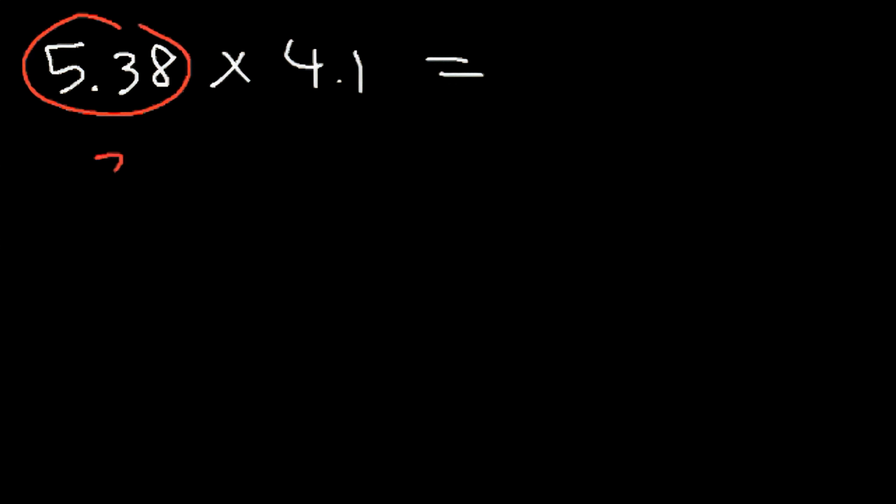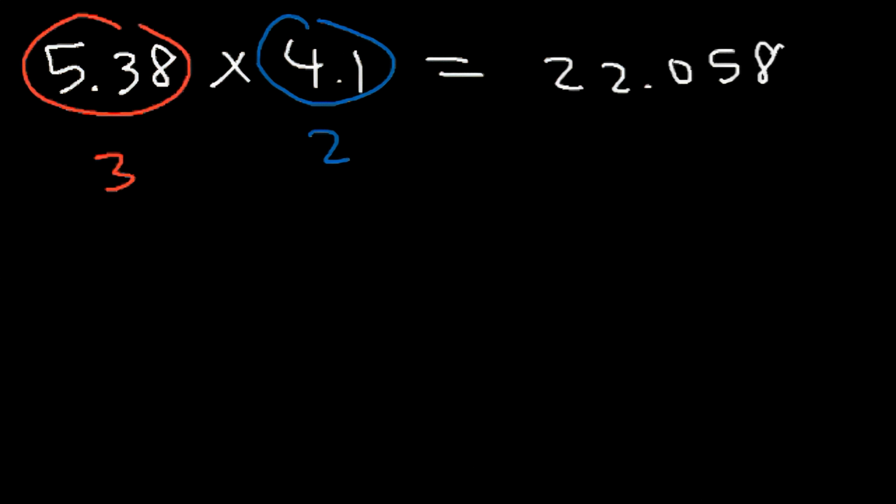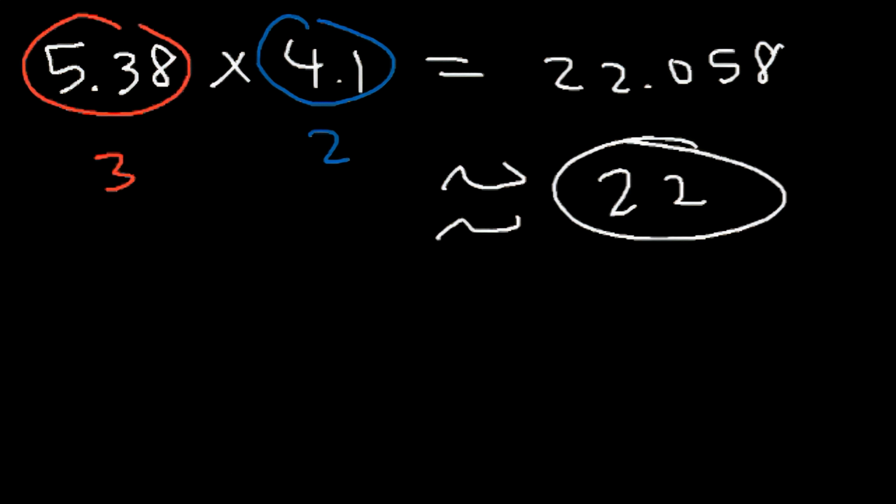The first number has 3 sig figs, the second one has 2, so the final answer should only have 2 sig figs. So first, let's get the exact answer. 5.38 times 4.1. So the exact answer is 22.058. So how can we round this answer to a number that's close to 22.058 but still has 2 sig figs? So we could say this is approximately 22, which has 2 sig figs.